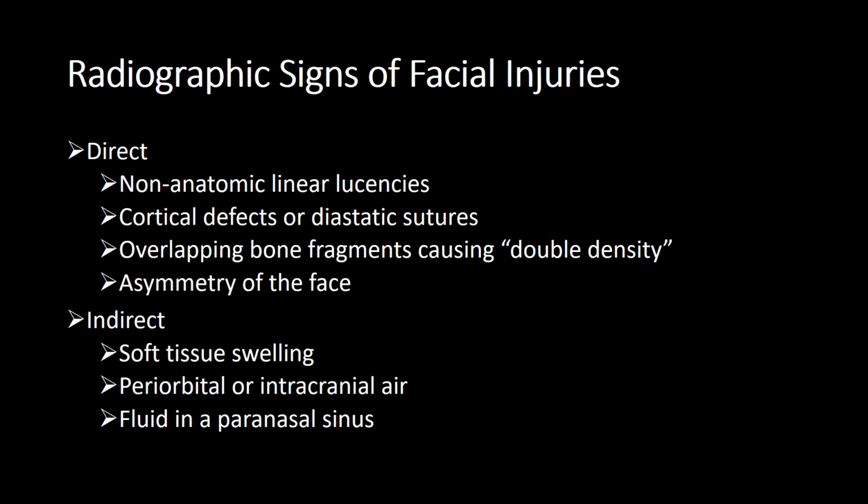Get used to the overlapping structures creating different densities, which can be tricky when it comes to image interpretation. Look for cortical defects or diastatic sutures. Check for overlapping bone fragments creating a double density, and look for asymmetry of the face.